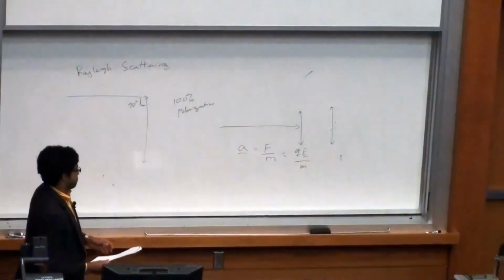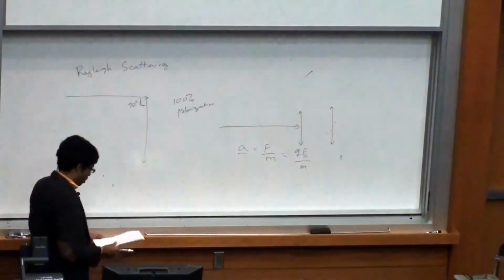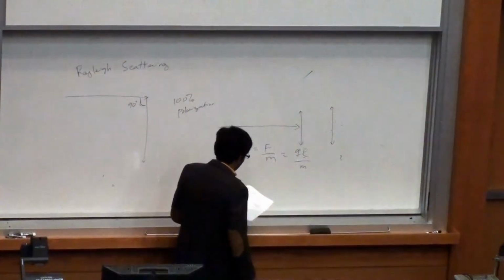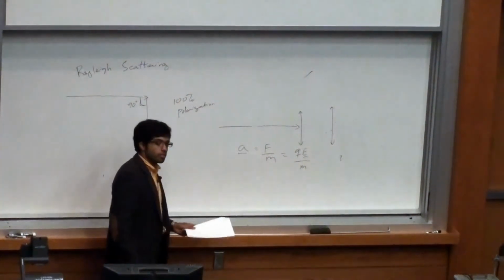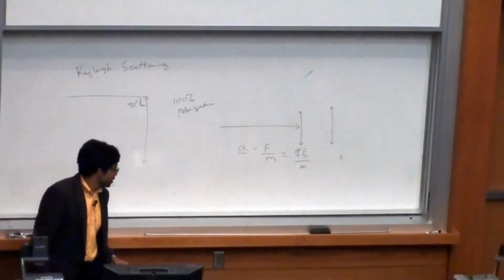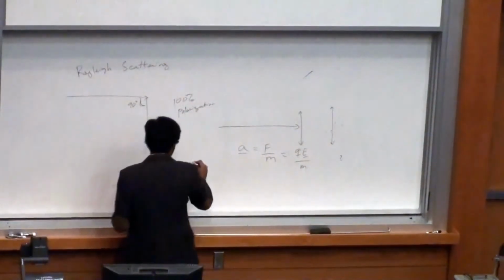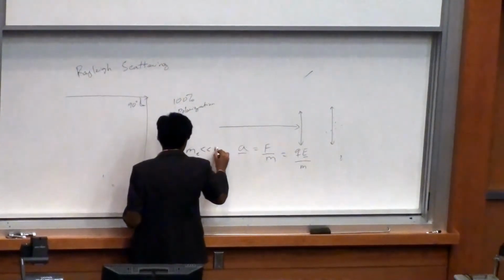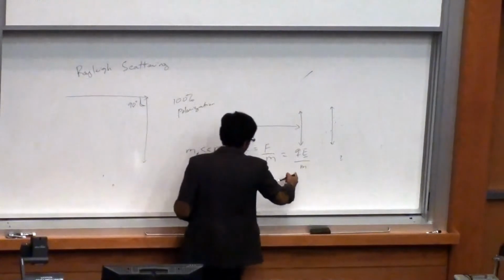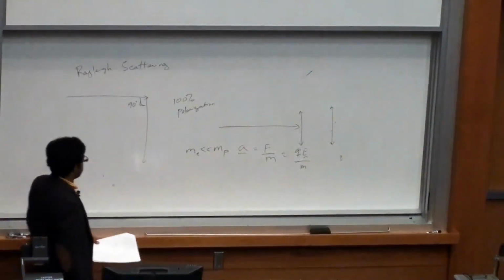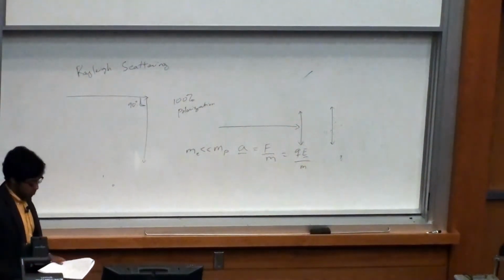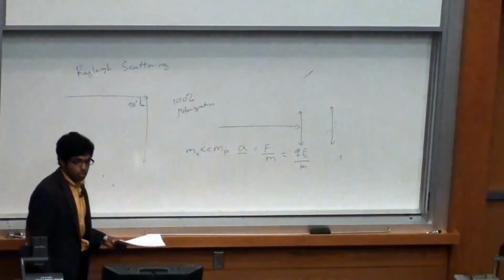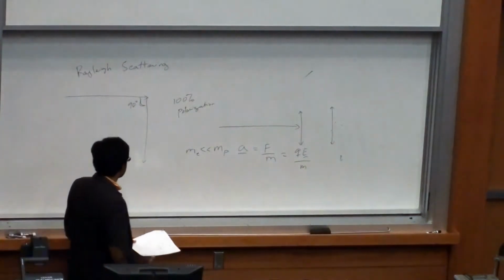Obviously we would have protons, neutrons, and so on, but the electrons would have a much higher acceleration than protons, because the mass of electrons is far less than the mass of protons. Because we're dividing by mass, we'd get a much higher acceleration for electrons, so electrons would do most of the job when it comes to scattering.